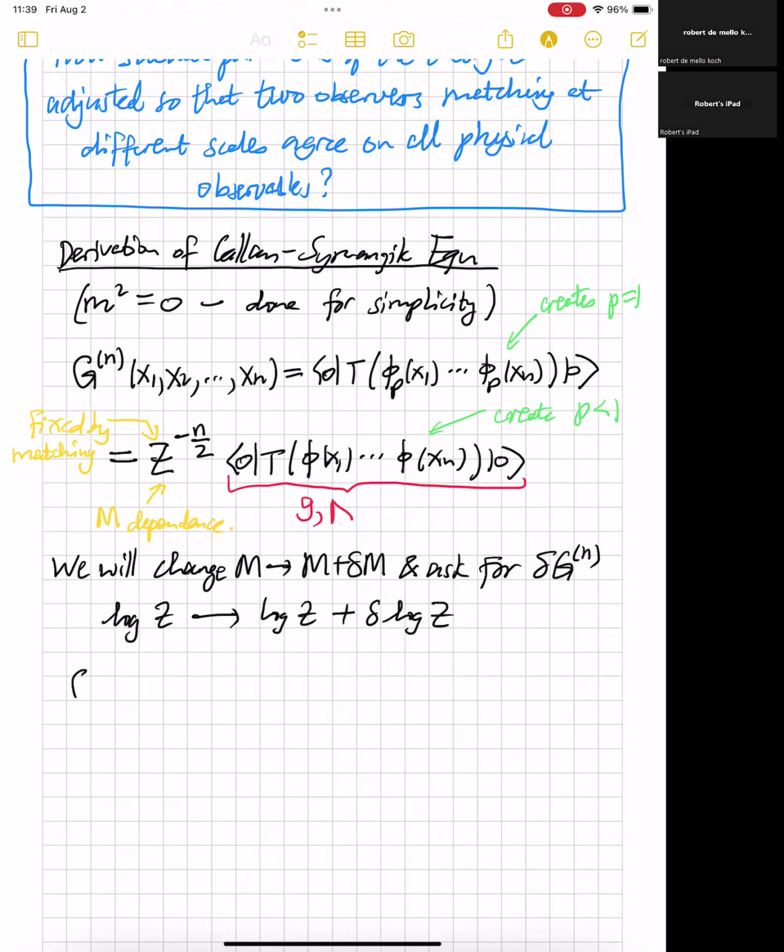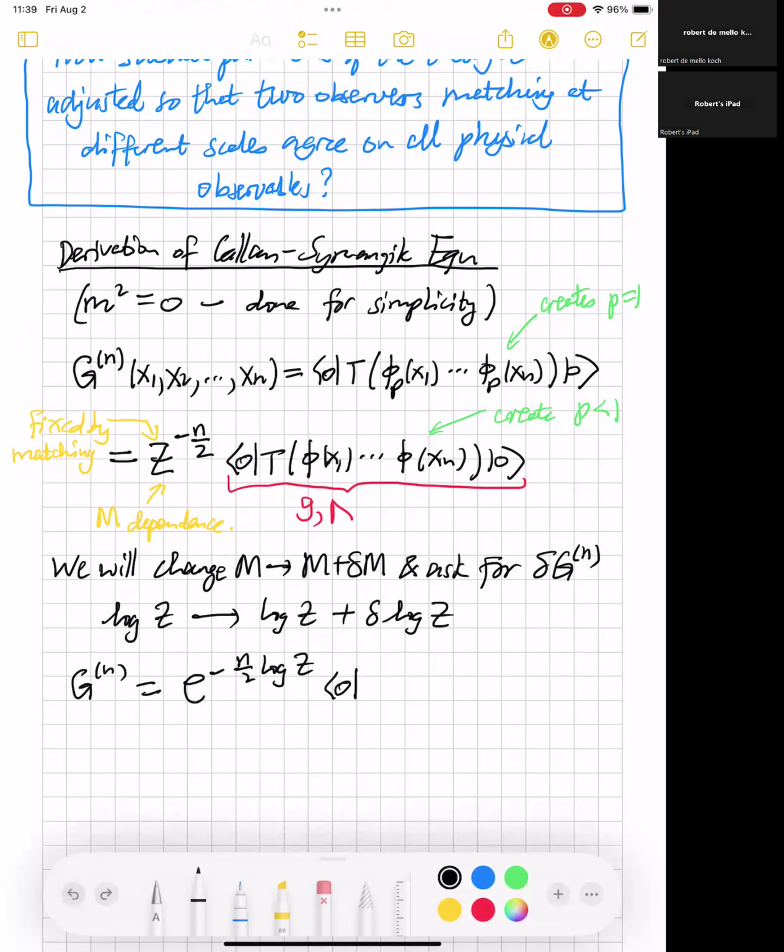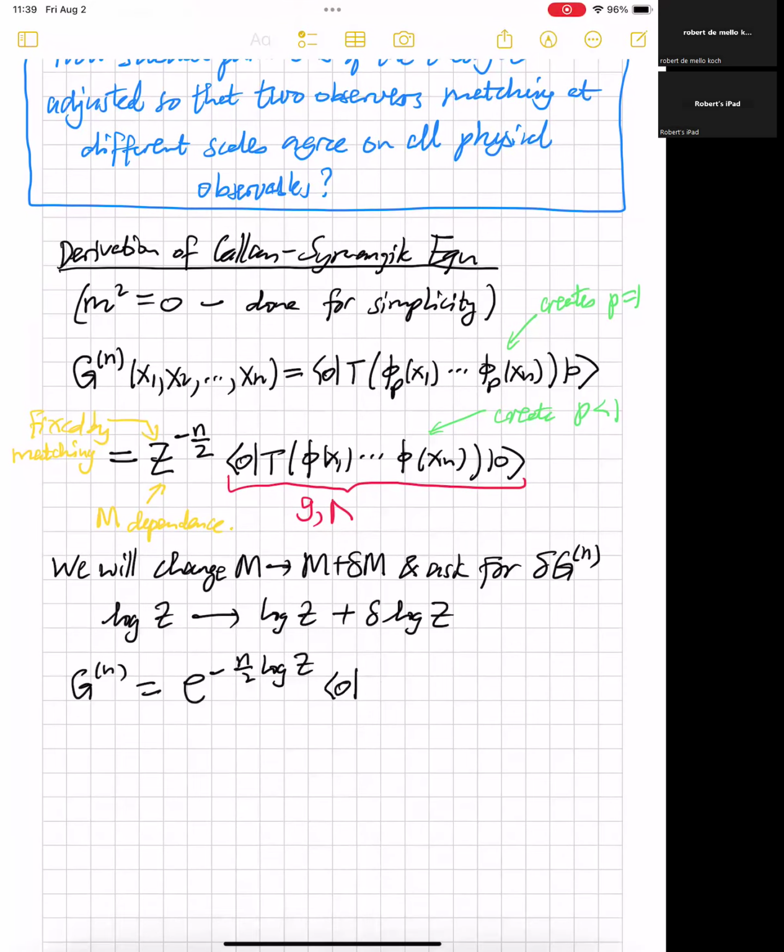So then Gn, which is equal to e to the minus n over 2 log Z times this correlator that doesn't change. It doesn't depend on the normalization conditions, so it doesn't depend on the scale M. So that stays fixed.